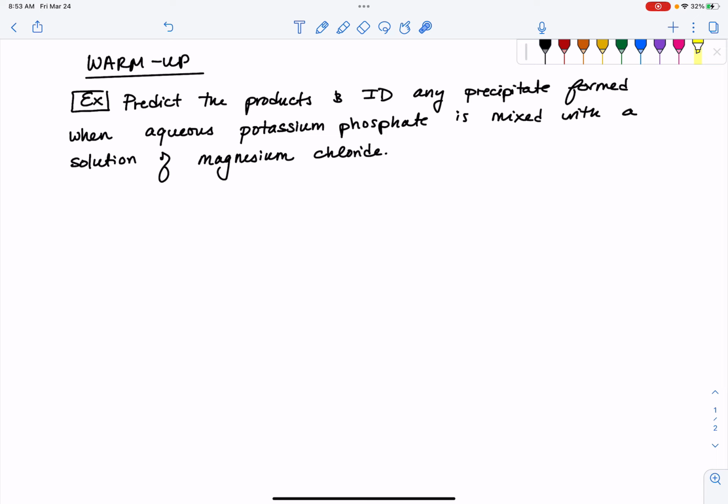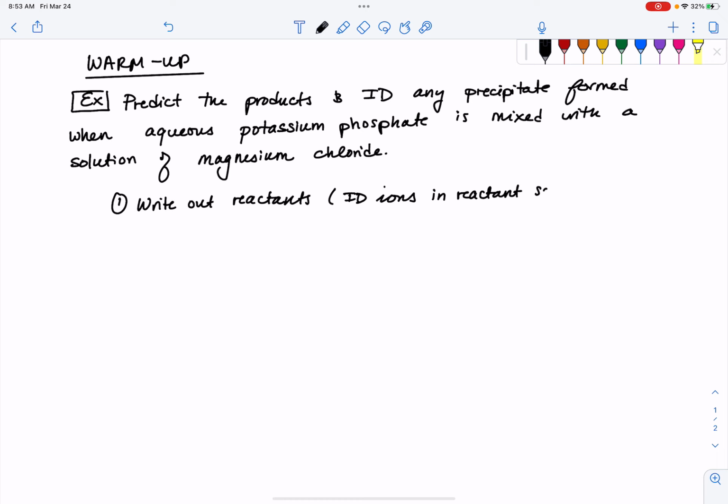So if we go through our process, we first need to start by writing out our reactants. So let's write out the reactants, and then I also like to identify the ions that the reactants contribute to their solutions.